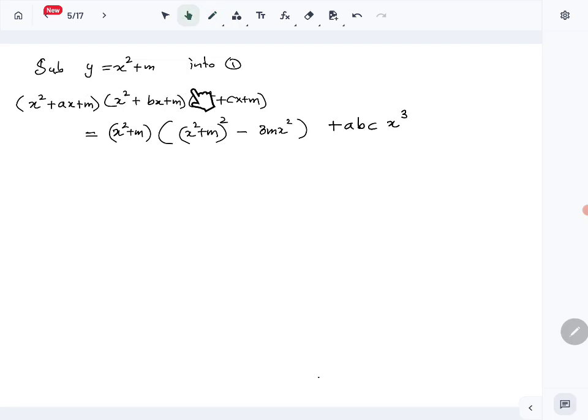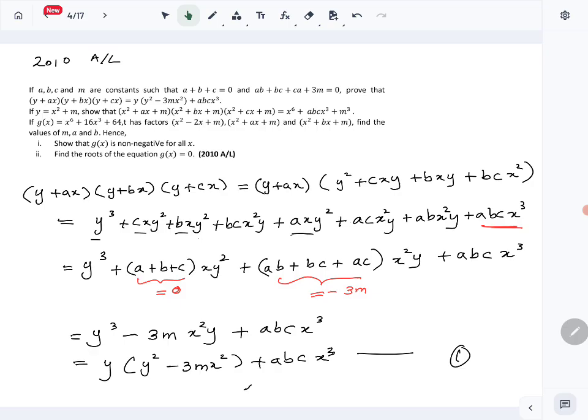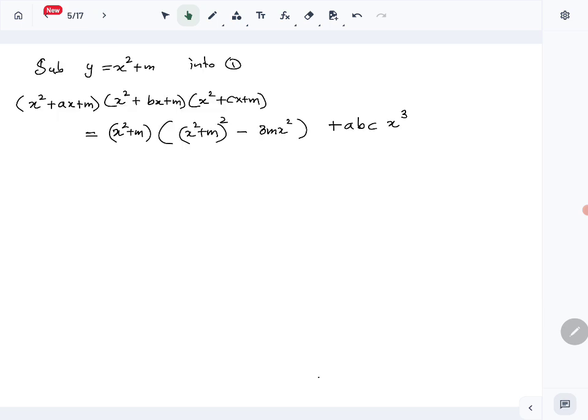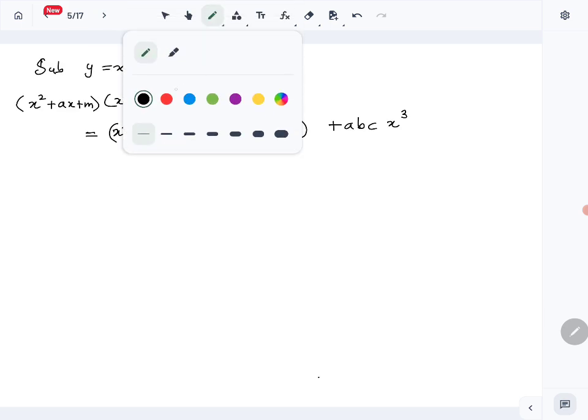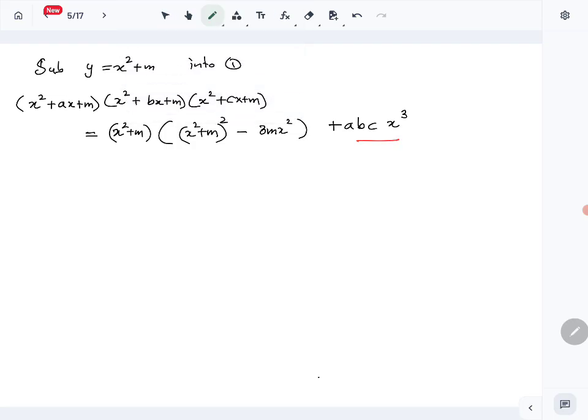So left hand side we don't need to simplify, that is what we want. Right hand side, let's look at the expression and simplify. So we need to simplify it to this. So abc x cube we need, we already have that. So let's keep it here and not touch it and simplify the rest, right? So let's work on the inside part first, this part.